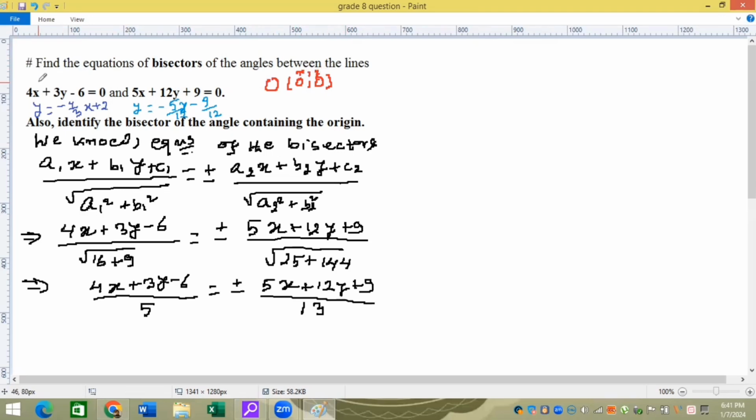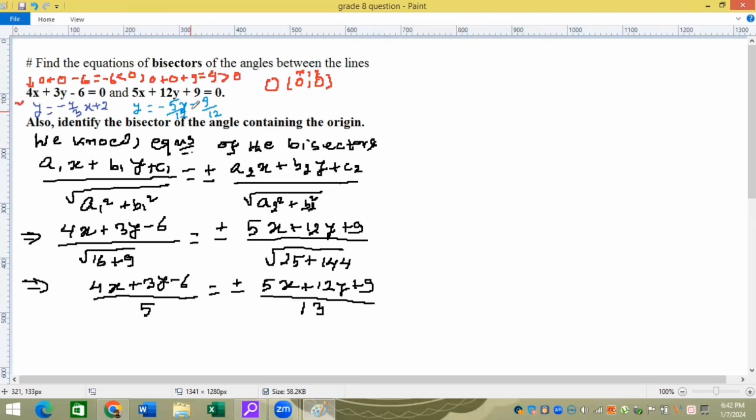So here, if you put x equal to 0 in this equation, it's going to be 0 plus 0 minus 6 equals minus 6, and this is less than 0. And here in this case, 5 times 0 is 0, plus 12 times 0 is 0, and then plus 9 equals 9, and this is bigger than 0.